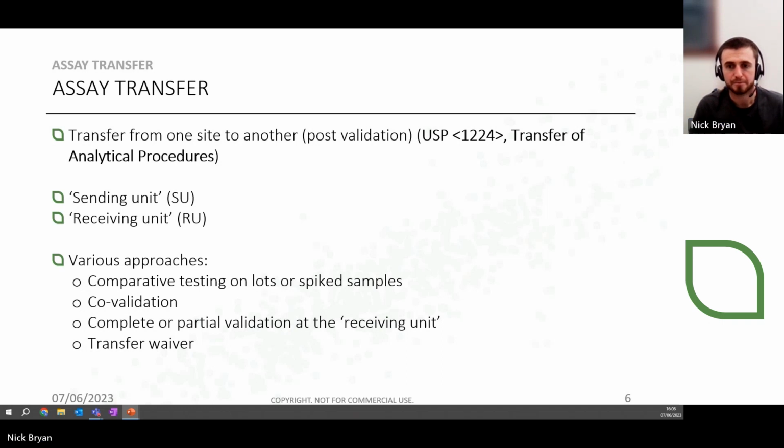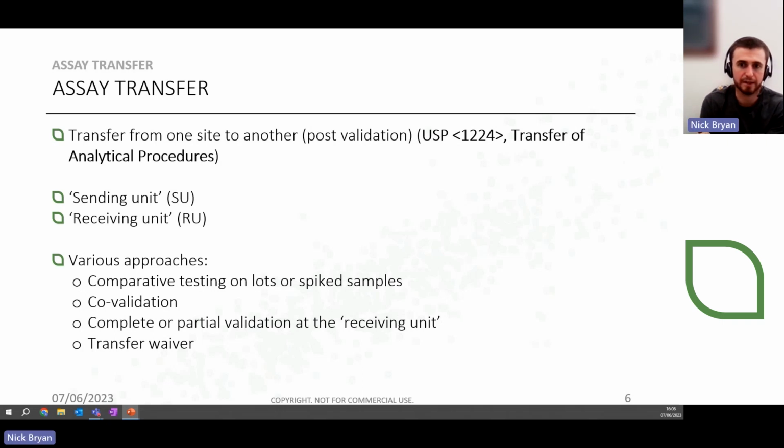So the sending unit involves the receiving unit in a sort of inter-laboratory validation procedure. So they become part of the validation team, and as well as having data that shows that the assay has been validated at both places, we're also generating data about the reproducibility of this assay between the two sites.